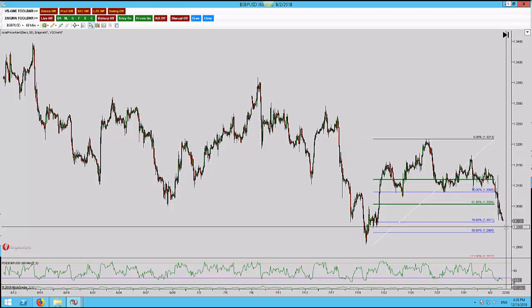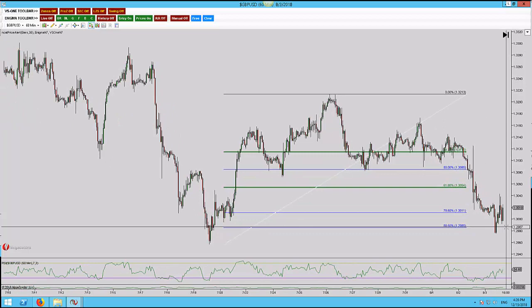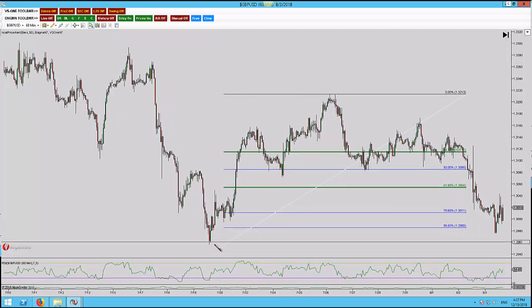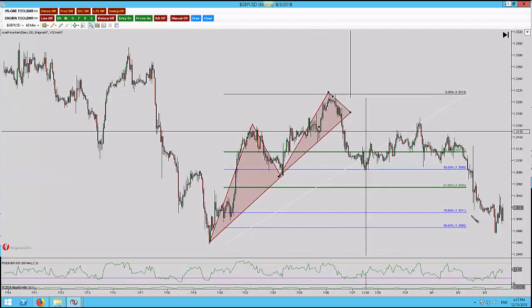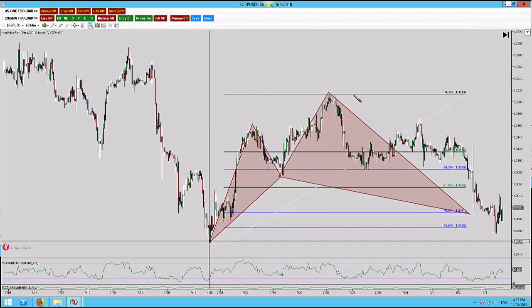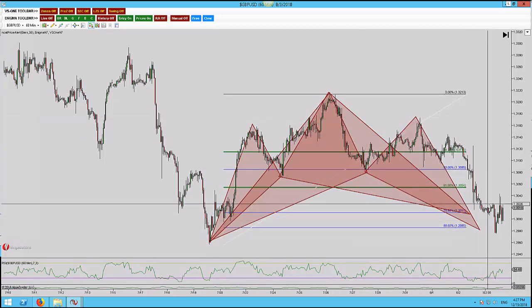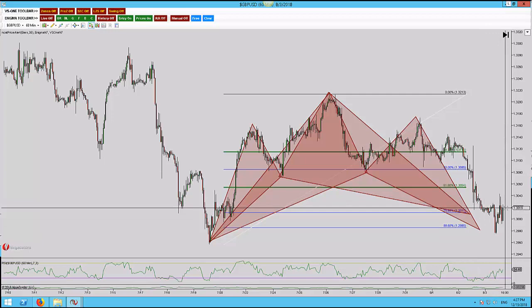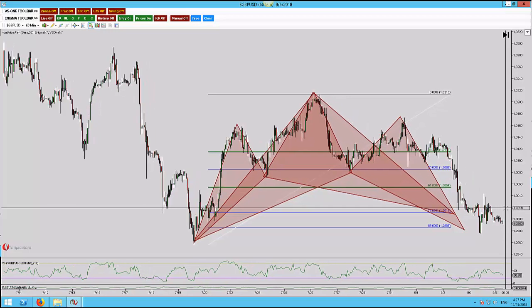Okay, we have a couple of advanced patterns here, a cipher and a bat pattern. So what I'm going to be looking for just here is a head and shoulders. So there is the cipher. Here's the bat, completing down there. And I'll be checking out the 15-minute here for a potential head and shoulders. Can't look for the double bottom until we get down to the X leg.